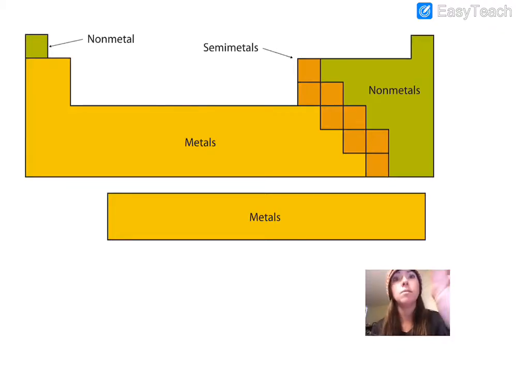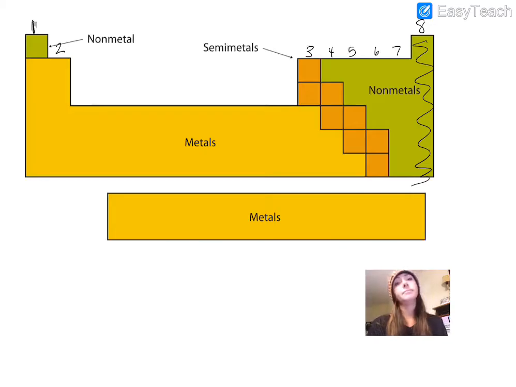So tying this in with the things that I previously mentioned in the video, don't forget the valence electron counts. 1 valence electron, 2 valence electrons, 3, 4, 5, 6, 7, 8. Remember that these are unreactive. Remember the periods are representative of our energy shells.